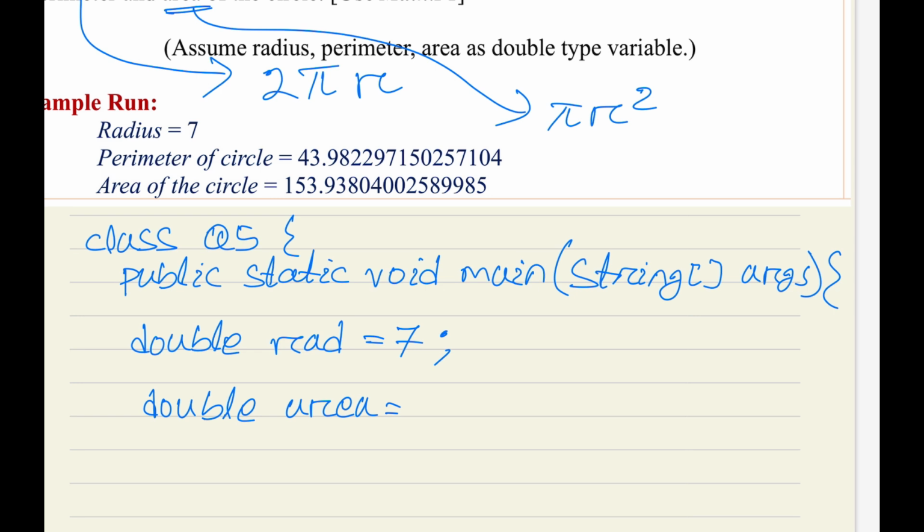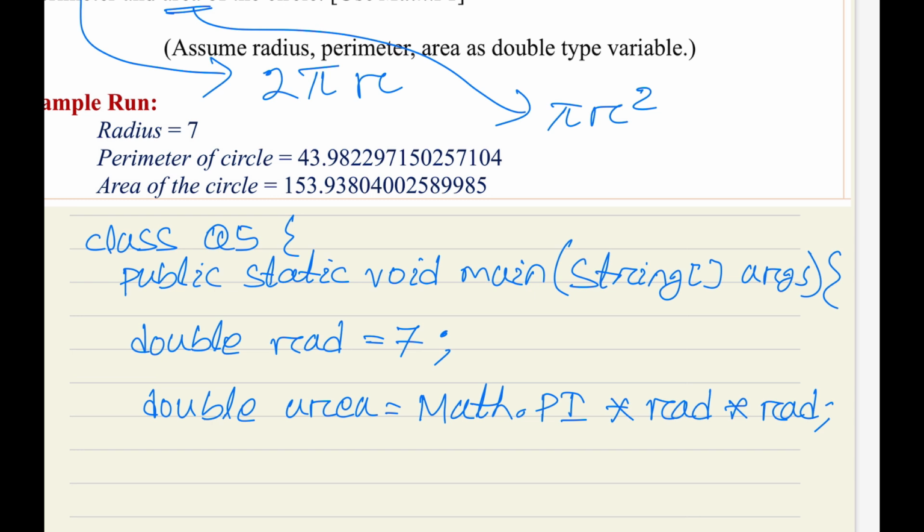So simply we write the formula. In place of pi we have to write Math.PI, then multiplication rad, multiplication rad. This multiplication is represented by the symbol star.